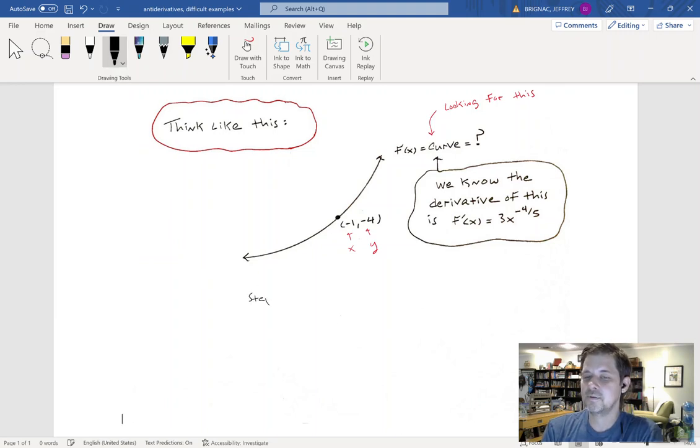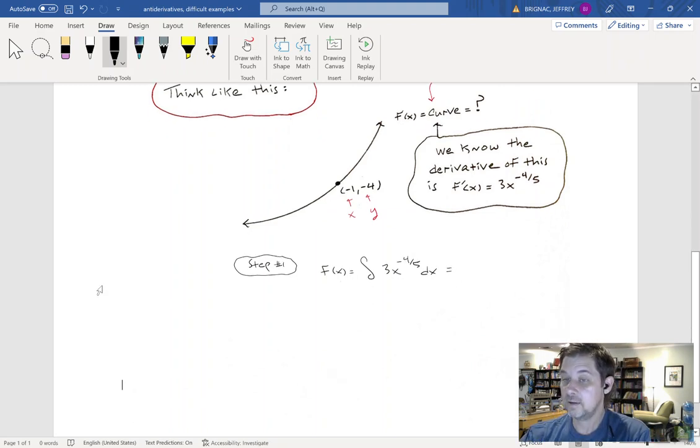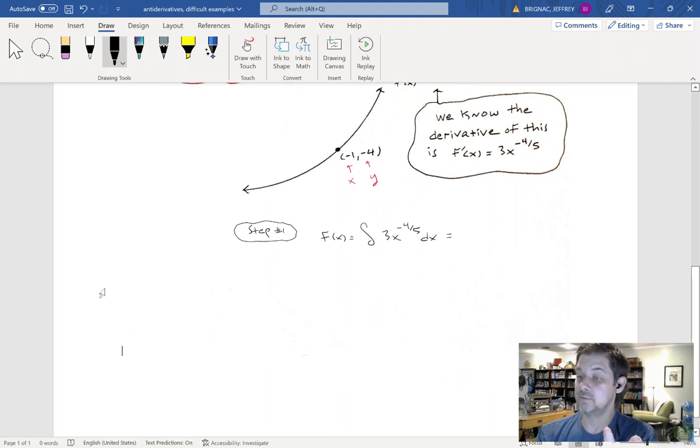Step one: this function f of x that I'm after would be the antiderivative of this. And in order to calculate that, I have some rules at my disposal. Again, I talked about those rules in the last video, but those rules would tell me to do this.